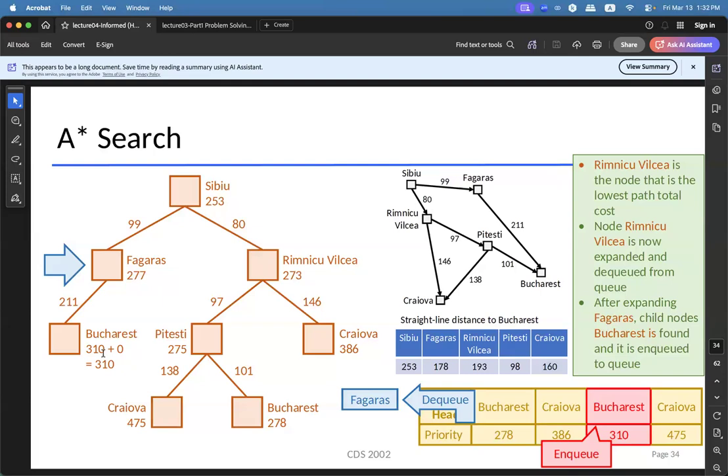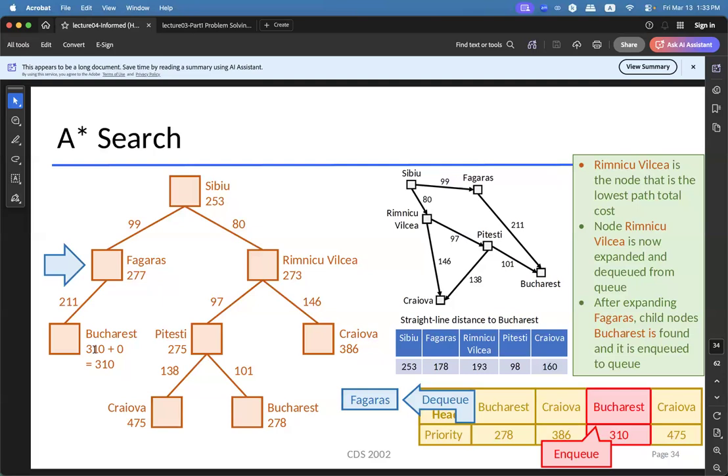So you can see no matter what node we are working on, the path cost of the node should be counted from the root node. Here the Bucharest path cost is 310 because it takes to go to this Bucharest node at the left hand side from Cebu to Fagaras to Bucharest. The step cost of Cebu to Fagaras is 99, and the step cost of Fagaras to Bucharest is 211.